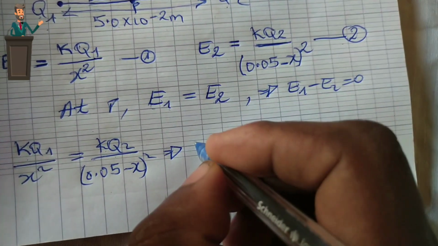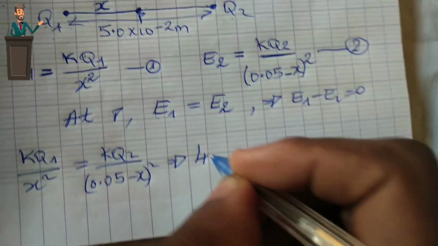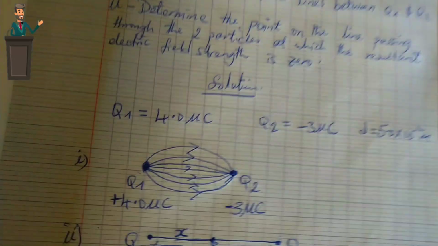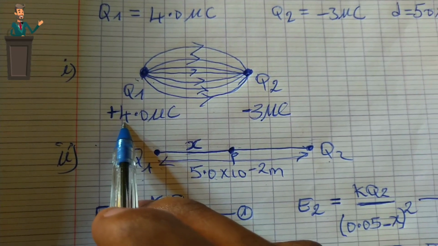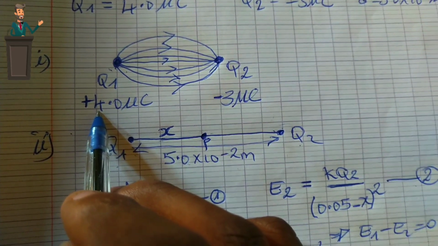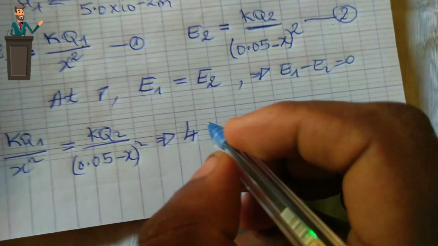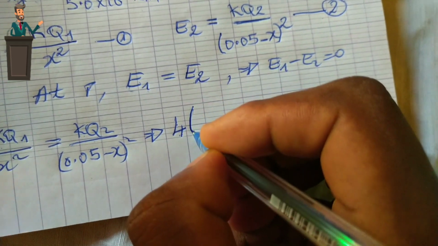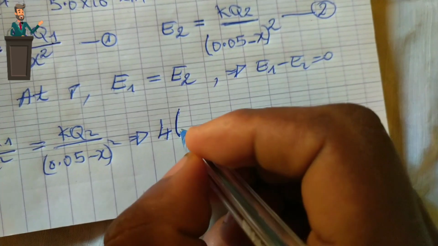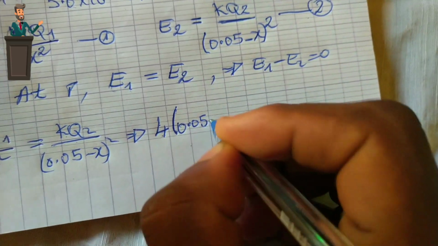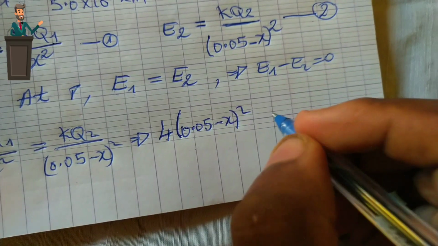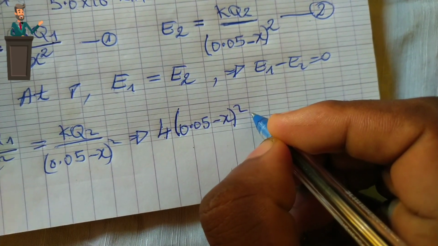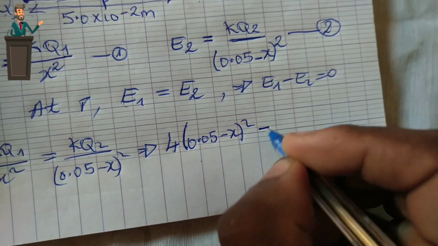So our resulting equation is going to be 4. This 4 is the charge Q1, which we had here as 4.0 microcoulomb. So we have 4, I take just the magnitude of that, then 4 into 0.05 minus x all squared. I said E1 equal to E2, right?